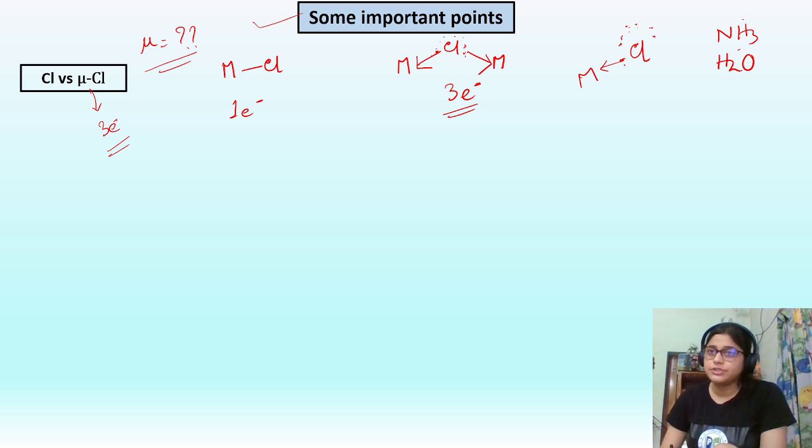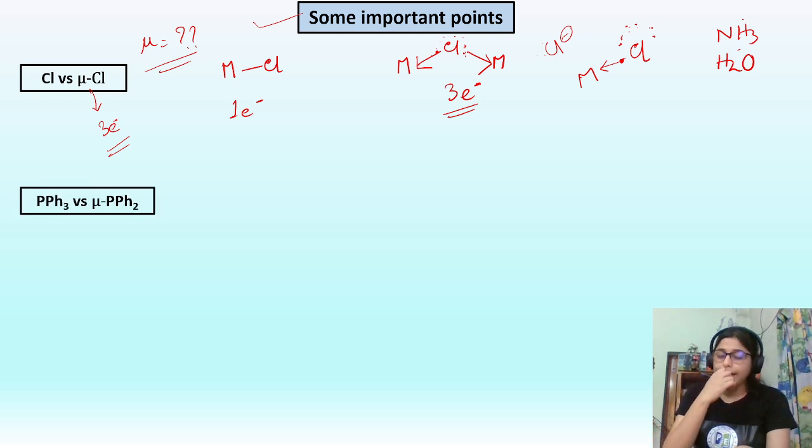Okay, so in here, first contribution will be the single electron. If you consider the Cl minus, so the minus, and after that the lone pair will be. Okay, so 3 electrons. And now one important thing, PPh3 versus mu PPh2.